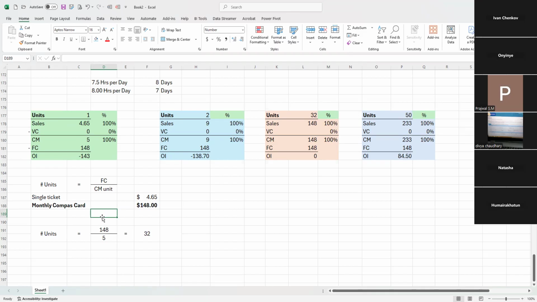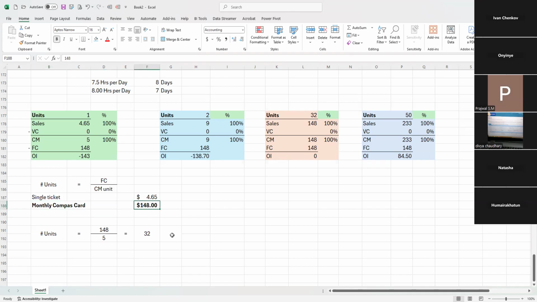Now, if you monitor yourself and you ride the SkyTrain more than 33 times per month, what's the logical choice? Buy the monthly pass to save money.